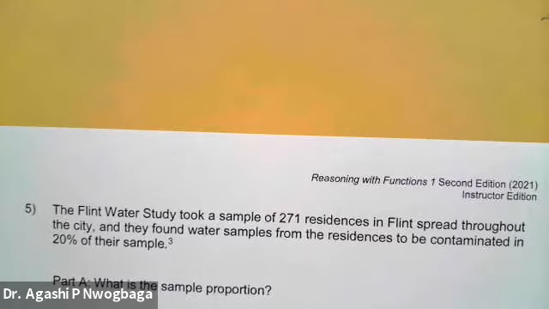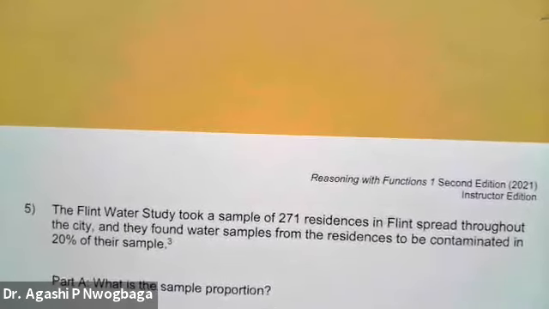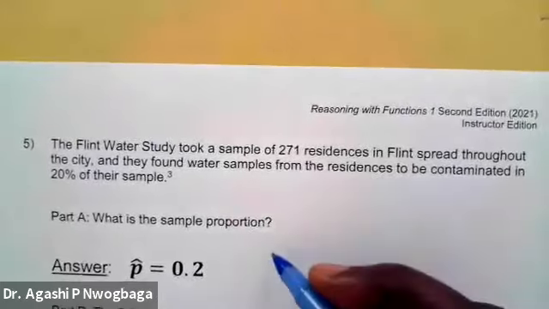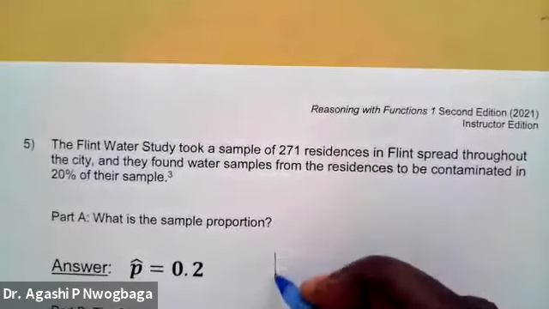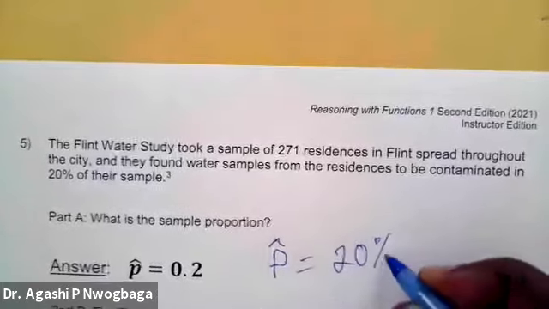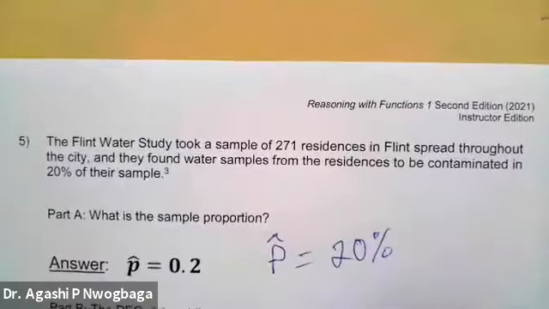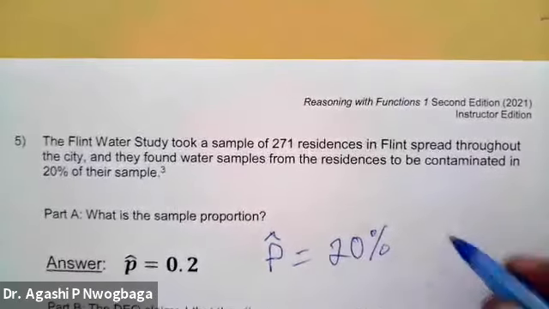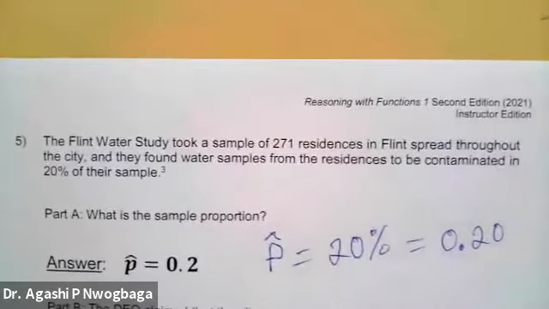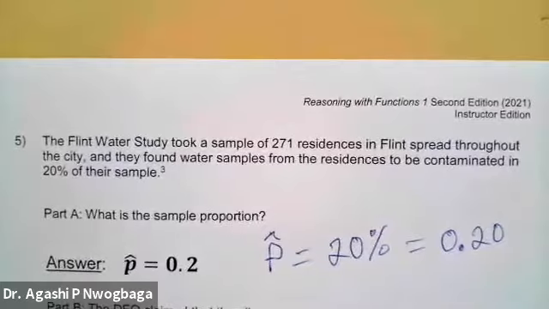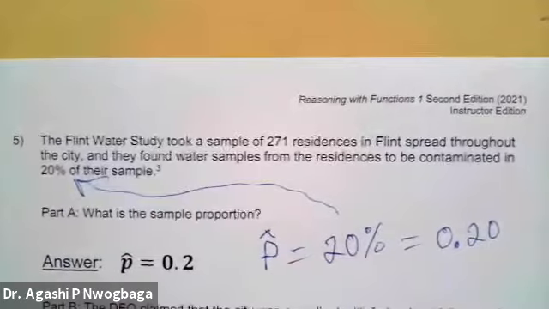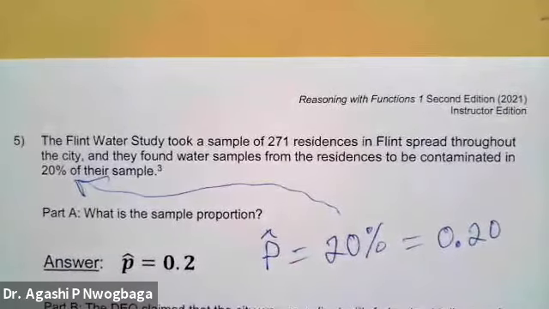We said the sample proportion is P hat equals 0.2, because P hat is 20%, and 20% as a decimal is 0.20, or simply 0.2.